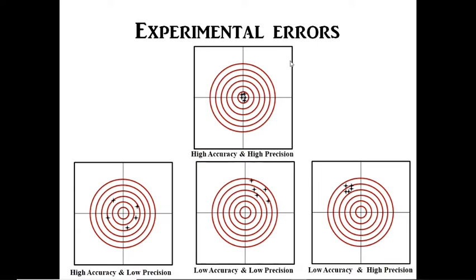Now you can see that all the repeated data is very close to each other. It means that it is high precision, and also all the data is very close to the standard, the center of the target. It will be high accuracy.